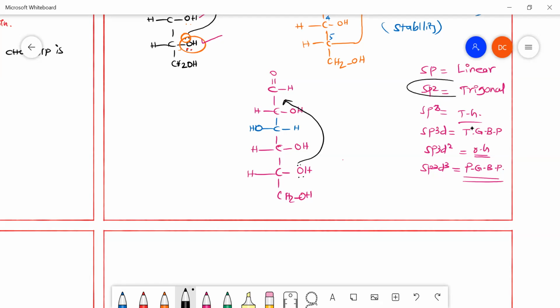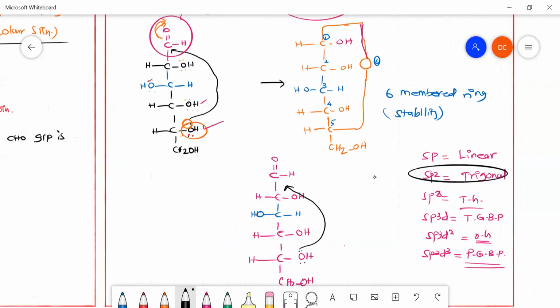Because it's sp2 hybridized. sp2 means trigonal planar. If it is planar, the arrangement will be like this, C double bond O, H. So either this carbon will be attacked from this direction or from this direction also, either from the front side or from the back side.